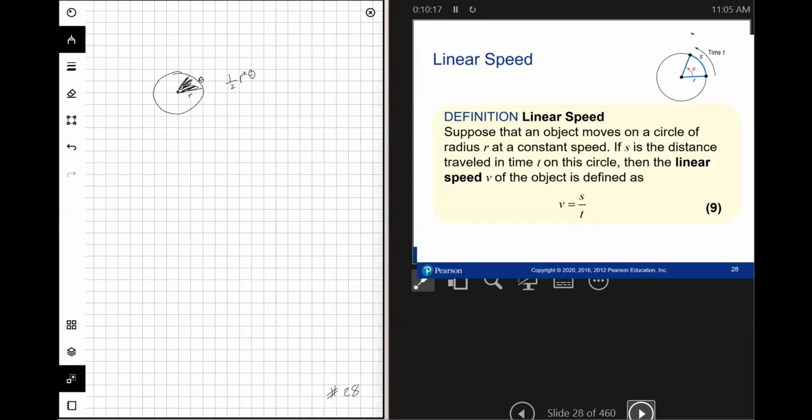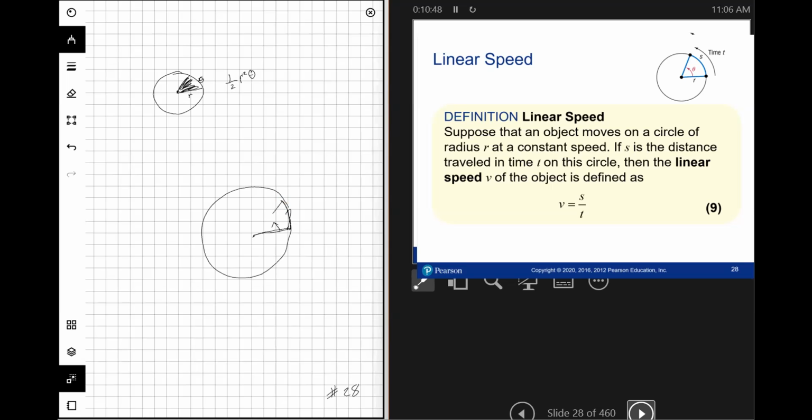Suppose an object moves on a circle. So this is what we're talking about, speed, velocity. So you have something that is being rotated. So it's rotating very fast or very slow, it doesn't matter. So we want to talk about the linear speed. So we're going to talk about this arc length.